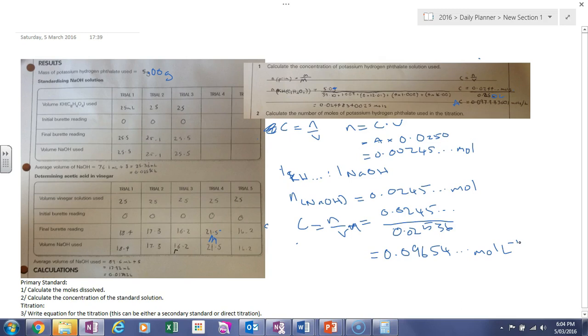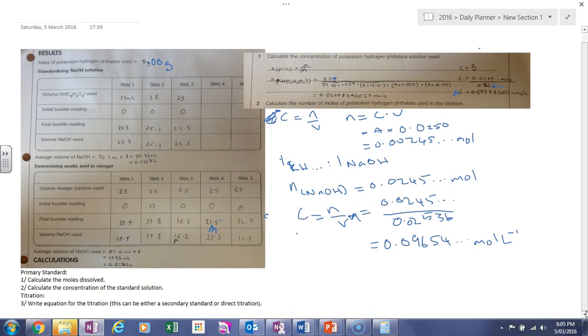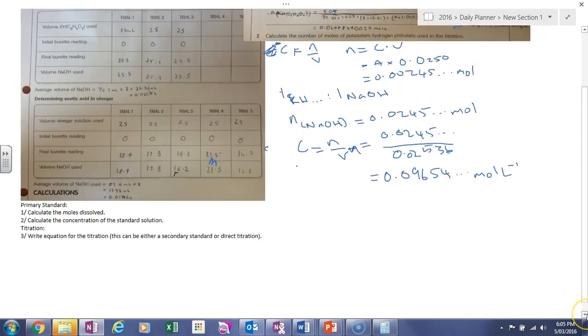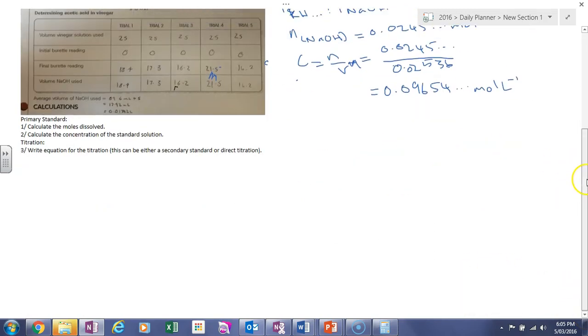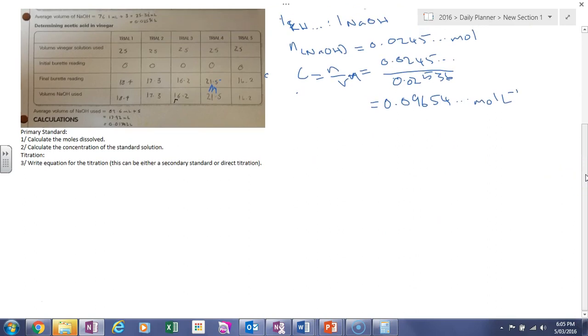Yay, go team us. So when doing this, we basically now just start at about this step here again, okay? This is where we start again and do the same thing over. So let's clear off a little bit of space here, and we're going to go down a bit further. That'll do. So the moles used, now remember, we used a standard 25 milliliters, so we want to work out the moles of our standard, basically.